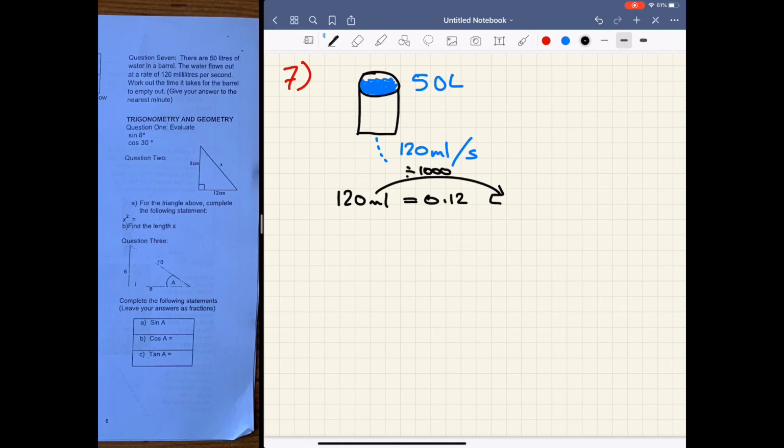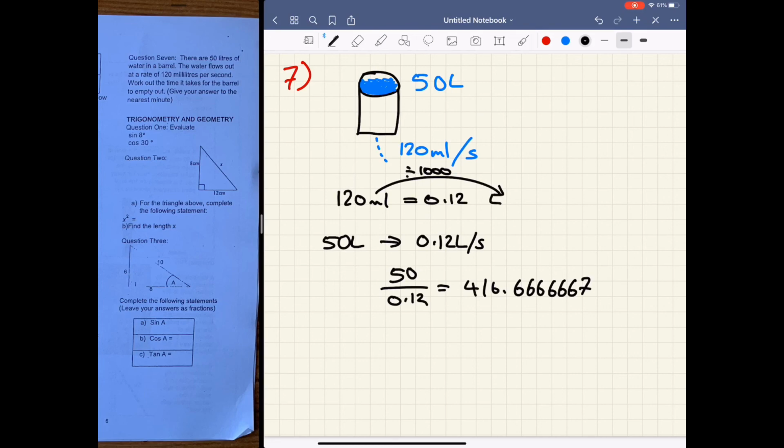So we've got here 50 liters, and we've got 0.12 liters per second as how quickly the water's coming out of the barrel. So to figure out how long it's taking, we go 50 divided by 0.12, which gives us 416.667.